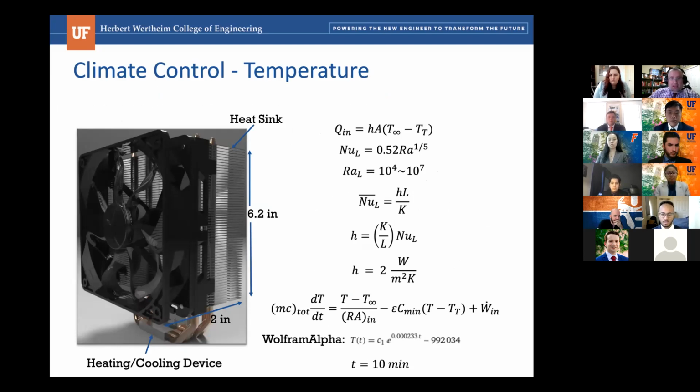If I could jump in here for a second, we're looking at a bank of fins, right? Yes. And you've got a Nusselt number correlation that's got a Rayleigh number in it.